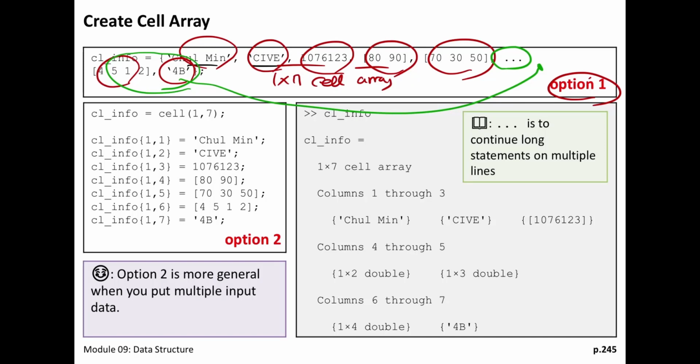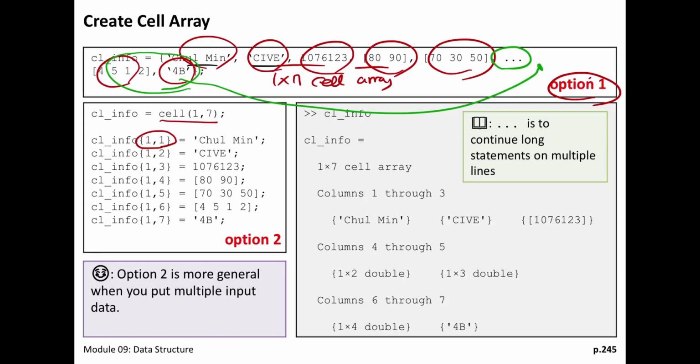Or the other way to assign values to the cell array is to make the 1 by 7 empty cell array first. This is the process to make cell space ready for assigning values. And then this is the way of referring to the value space in the cell at the first row and first column.